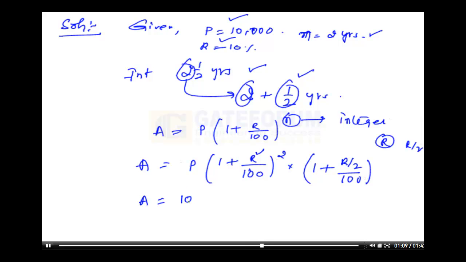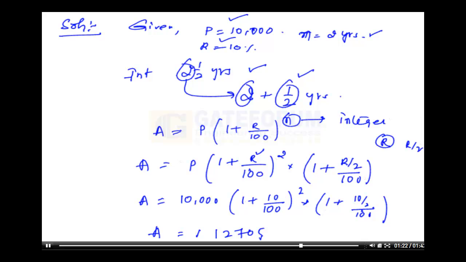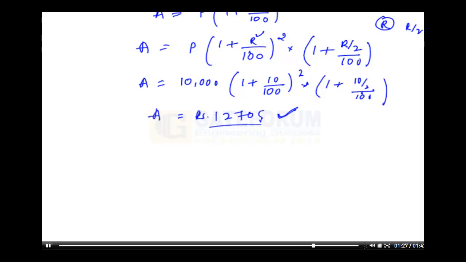P is 10,000, R is 10%. If we simplify, the amount will be 12,705 rupees. So the amount after 2.5 years is 12,705, whereas the principal is rupees 10,000. So there is an increase of 2,705, which is the compound interest for 2.5 years, which is option A.